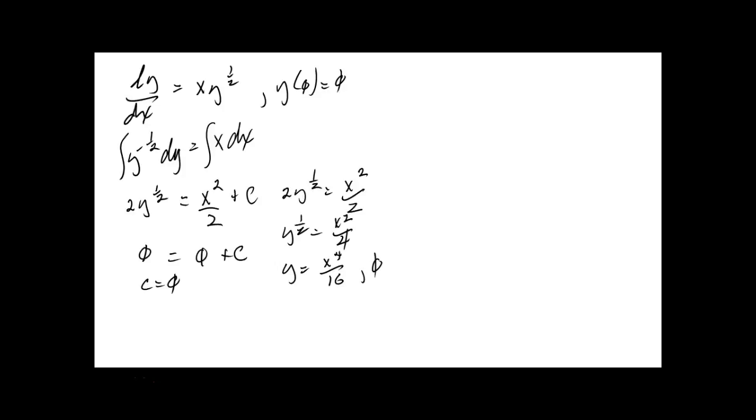But it obviously is a solution, because if x is equal to 0, y is equal to 0, the derivative is 0. So indeed, we did lose one when we did that. So what you have to do is just include them both. Okay.